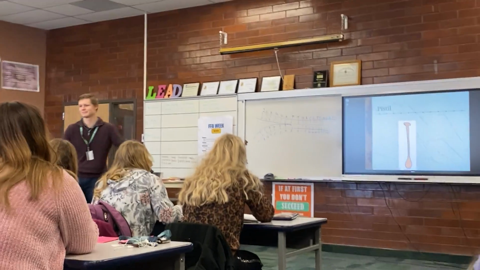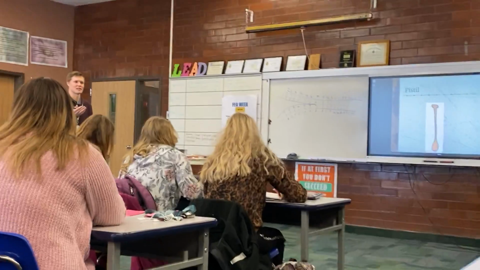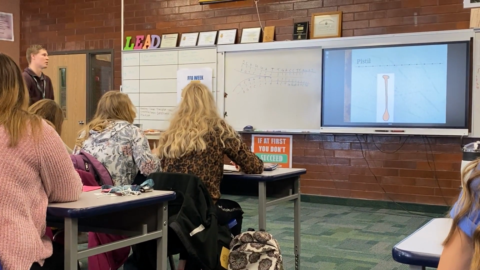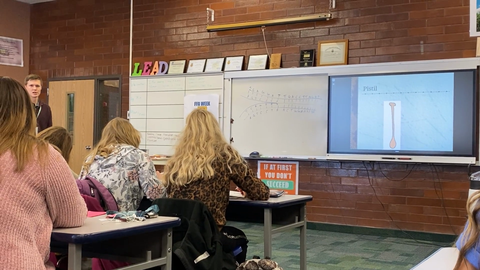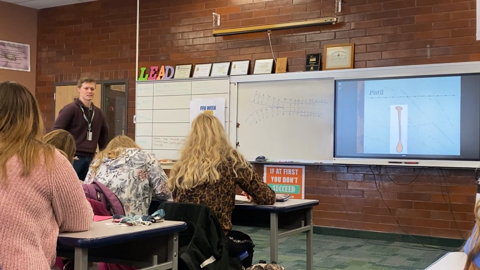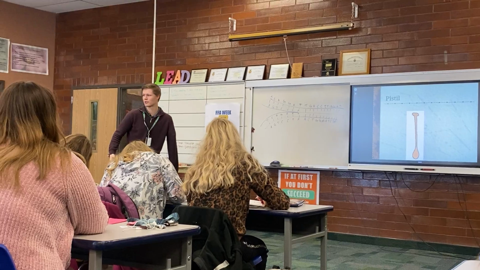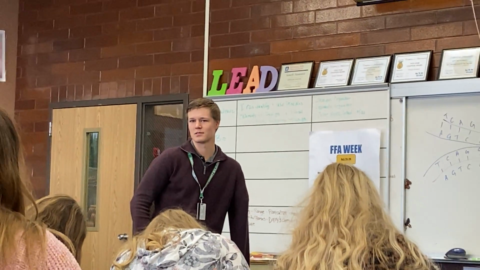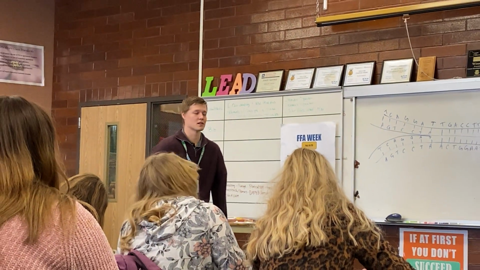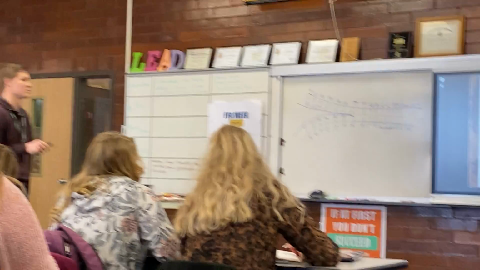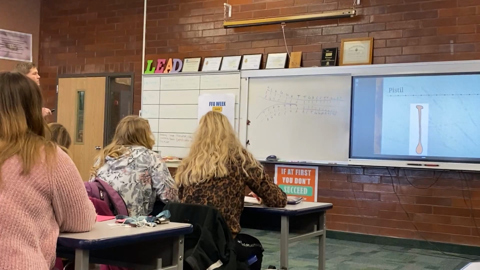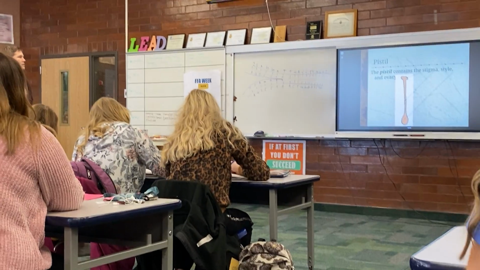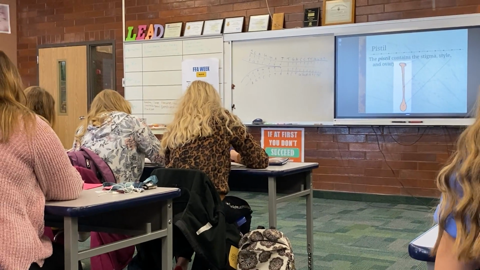Next we have the pistil, and usually I just remember it as not the male part. Stamens, that's the men, that's easy. So you know the other one must be the female part, and that's the pistil. There's a lot of fun things to remember. If any of you ever learned little sayings for the female parts of the flower, I've heard a lot of different ones. But basically, pistil, female parts. In the pistil is the stigma, style, and ovary.